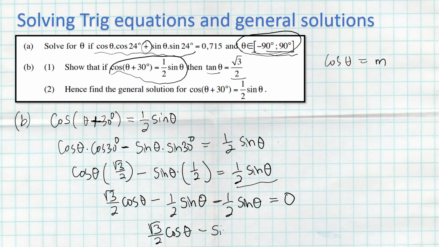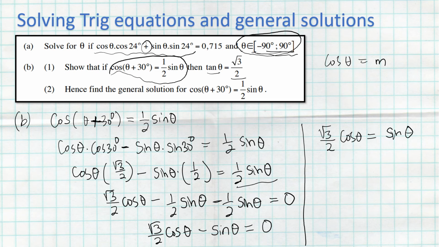So I'll be left with minus sine theta equals 0. Can you see? Then what can I do now? I can take the sine theta to the other side, right? So I'll be left with root 3 over 2 cos theta on this side, which is equal to sine theta.